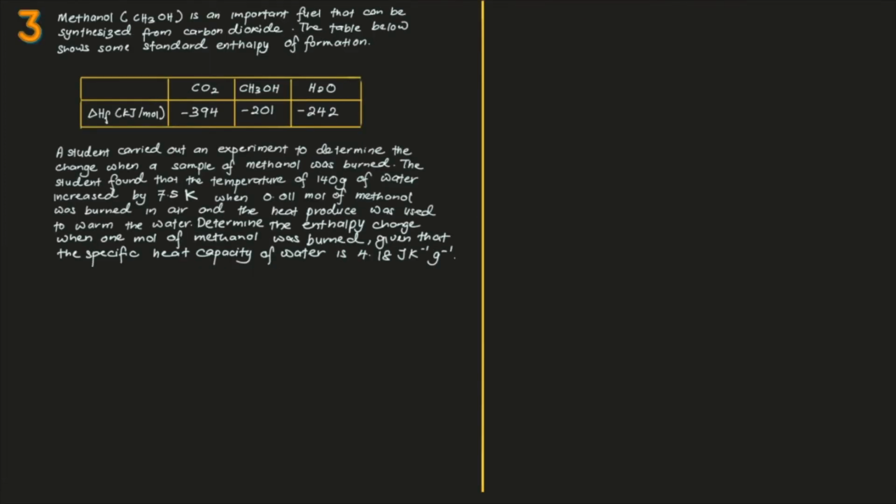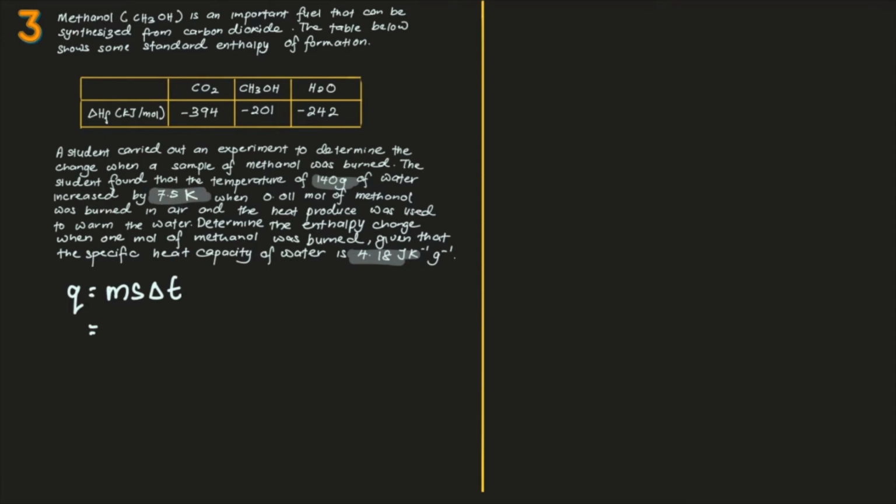Alright, in order for us to answer this question, we are going to use the same approach that we used in the previous question. We are going to use the formula Q equals m c delta T. Given to you, the mass of water is 140 grams, the specific heat is 4.18, and the change of temperature is 7.5 Kelvin.